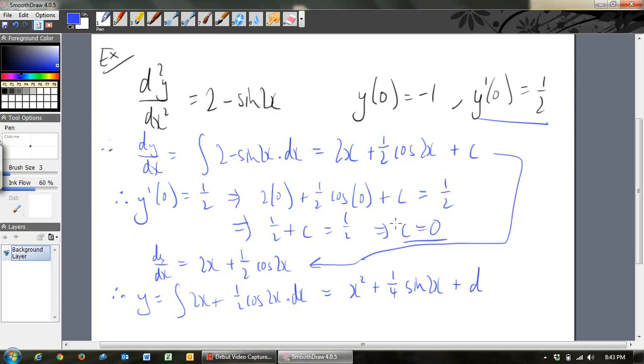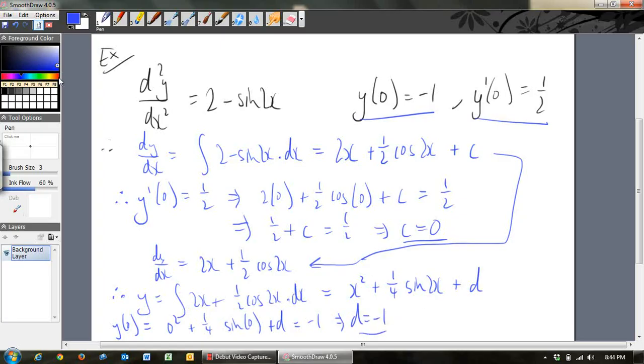Plus, let's use a new integration constant, d. Fantastic. And we also know that we've got this point up here, y(0) equals -1, so y(0) is equal to 0 squared plus 1/4 sine 2 times 0, which is 0, plus d, and all of that is equal to -1. Sine of 0 is 0, so that all equals 0 there, so therefore d is equal to -1.